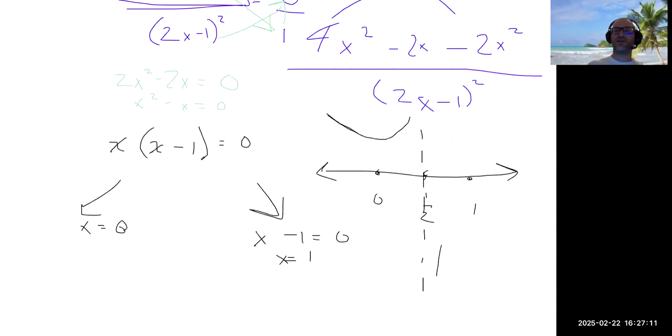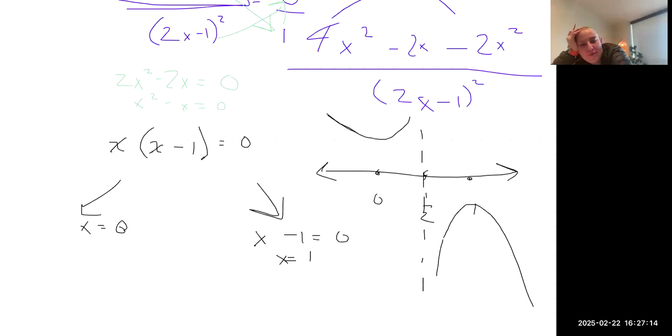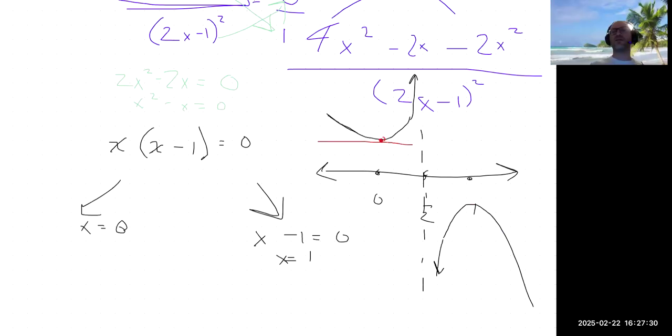Hypothetically, let's say it looks something like a parabola. What that means is that right here, the tangent line is 0. That's when we solved and we got 0.